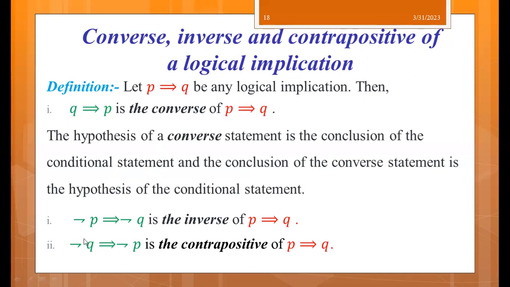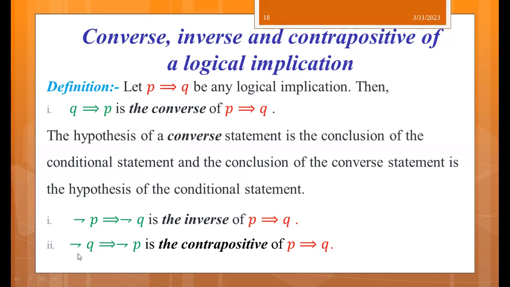One thing we can clearly observe is that if we compare and contrast the inverse and the contrapositive of the same logical implication, the contrapositive is obtained from the inverse by only interchanging the positions of the hypothesis and the conclusion.